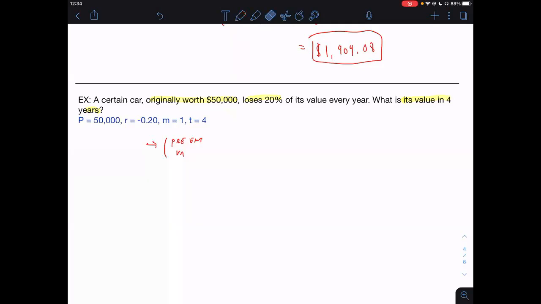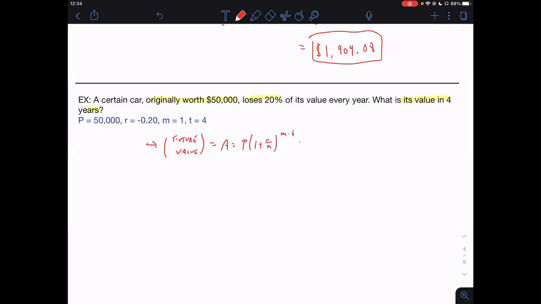That's what I meant. We want to calculate the future value, which means to make this calculation, we're going to be using the compound interest formula, which again is A equals P times 1 plus R over M raised to the M times T.